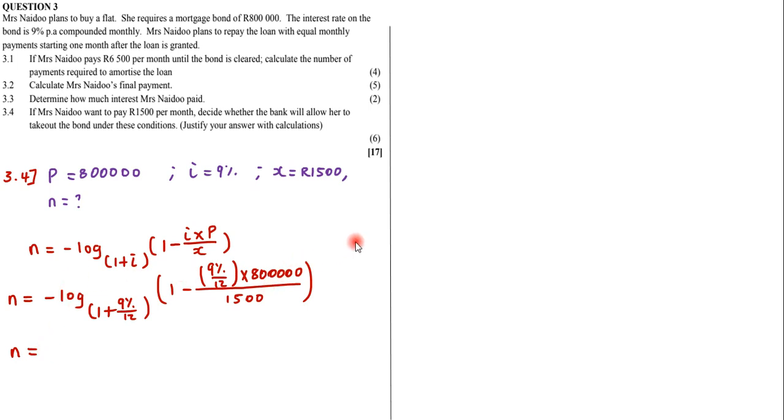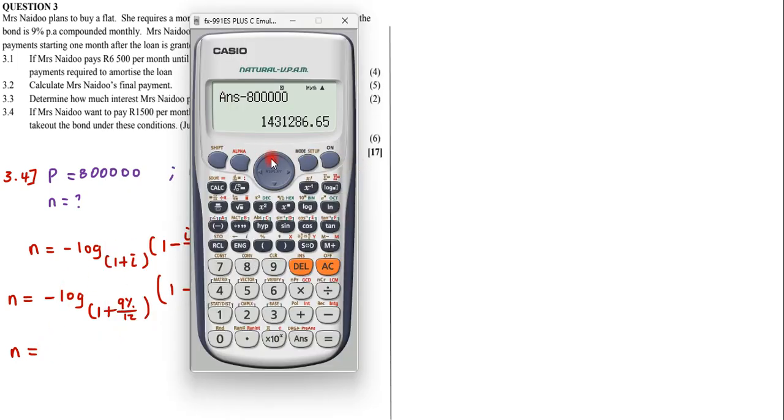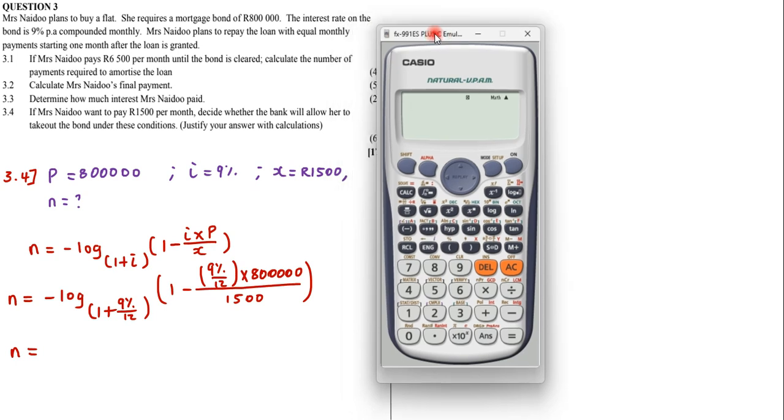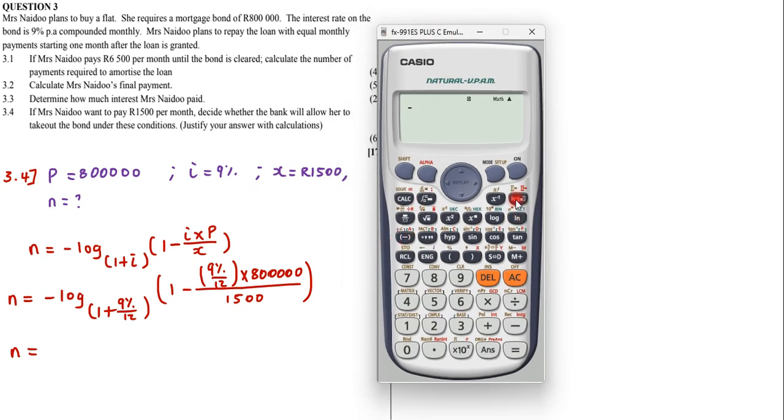To get that, we'll go back into our calculator. If you remember, we had this somewhere earlier, but we no longer have it, so I have to just type it again and see how many repayments Mrs. Naidu will have to make.